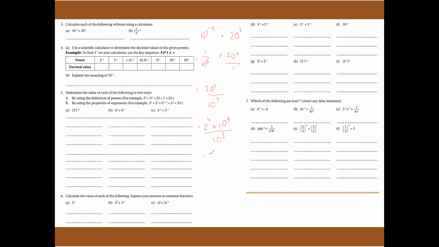Then you're only left with 1 10. So it'll be 10 to the power of 1, which is just 10. 2 to the power of 4 is 16. Multiply by 10, and that answer is then 160.